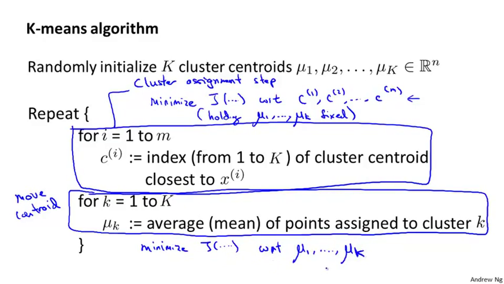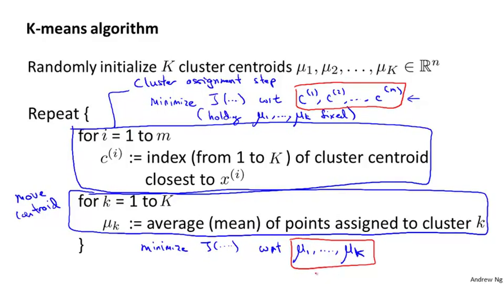So what k-means is really doing is taking the two sets of variables and partitioning them into two halves. You have first the c sets of variables, and then the mu sets of variables. It first minimizes J with respect to the variable c, and then minimizes J with respect to the variables mu, and then it keeps on iterating. And that's all that k-means does.